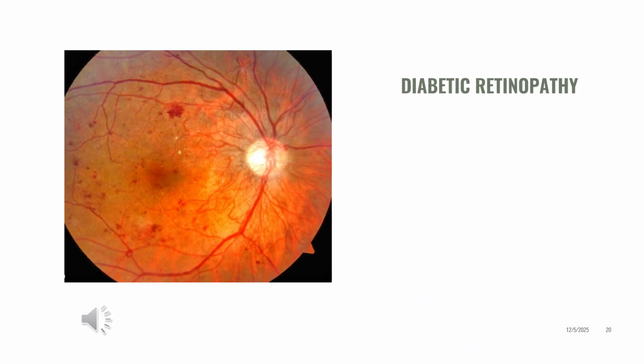The first goal for patients at risk for microvascular complications from diabetes is prevention. So tight sugar control; you want to set a goal for your sugars and for your glucose control. The American Diabetes Association says that you should control the A1C at less than 7% to prevent diabetic retinopathy.